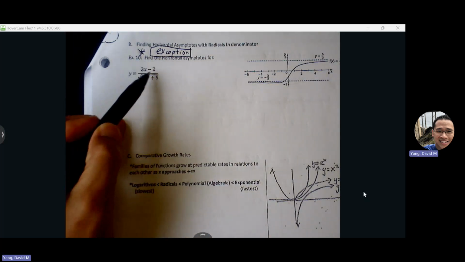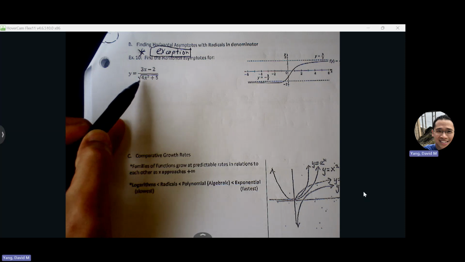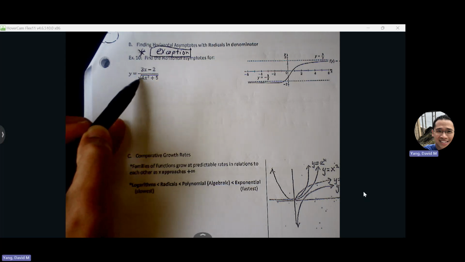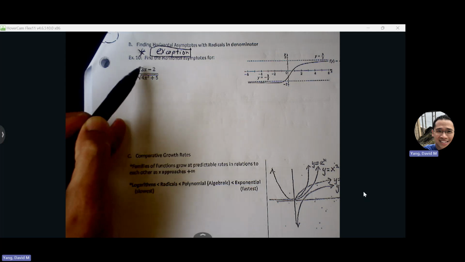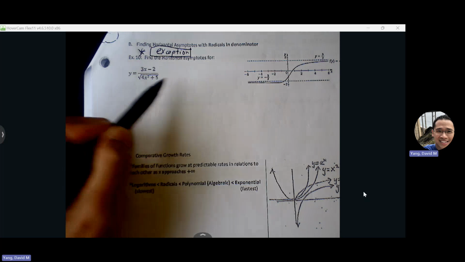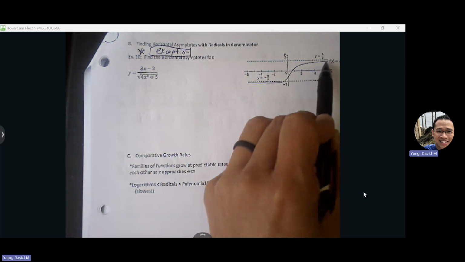What is the degree of my numerator? 1. What's the degree of my denominator? Also 1. So the degrees are the same, but that radical is kind of making things a little bit strange. So that's why we are going to have horizontal asymptotes, because the degrees are the same, but that radical is forcing things to change a little bit on both sides.